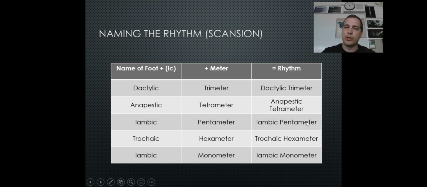Now, this might be a word you've heard of because iambic pentameter is like the English rhythm. It's like a classic rhythm from a lot of English poetry, particularly the sonnets, which I'll talk about more, right? But just this process of looking at a poem and figuring out what the feet are and what the meter is is a process called scansion.